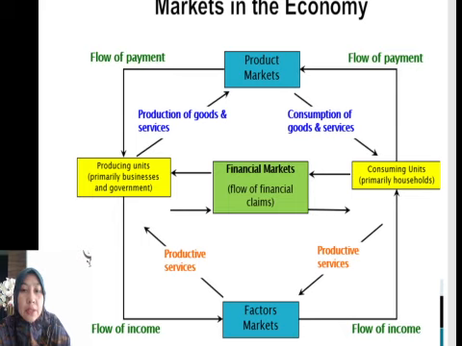The salary that they receive, they will use to buy products or services in the products market, and then the money that they spend here in the markets will be profit for the production unit. Okay, so when they receive profit, they will pay salary to the factor market. Okay, so these are the economic system overall.